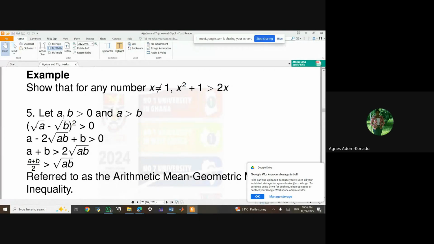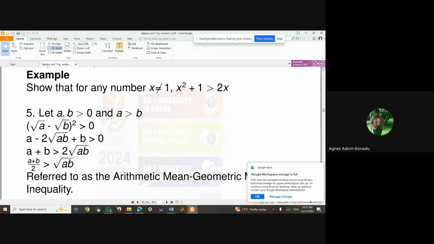So this is true: square root of A minus square root of B, all squared, will always be greater than 0. Then I can write it as A plus B greater than 2 root AB.